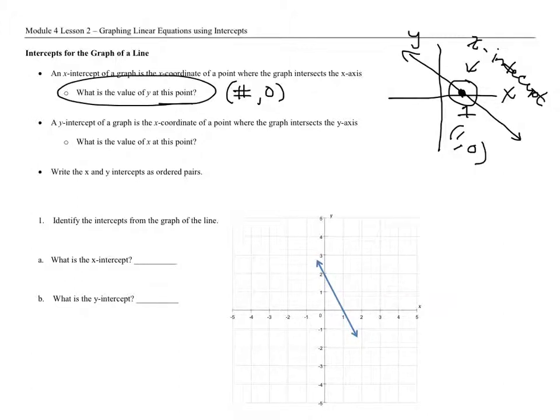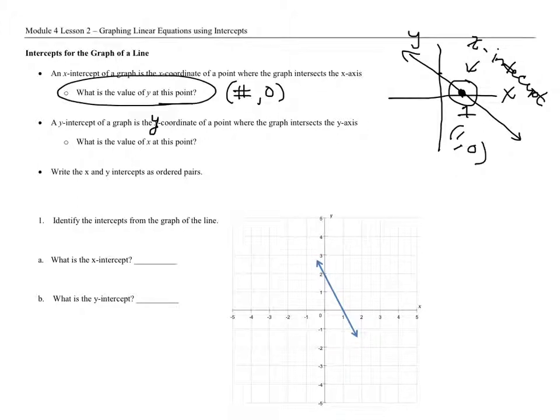Now let's talk about the y-intercept, and there's a little bit of a typo here. If you're looking through your lesson and following along with me, we're going to correct the typo right here and call it the y-coordinate. The y-intercept of the graph is the y-coordinate of the point where the graph intersects the y-axis.